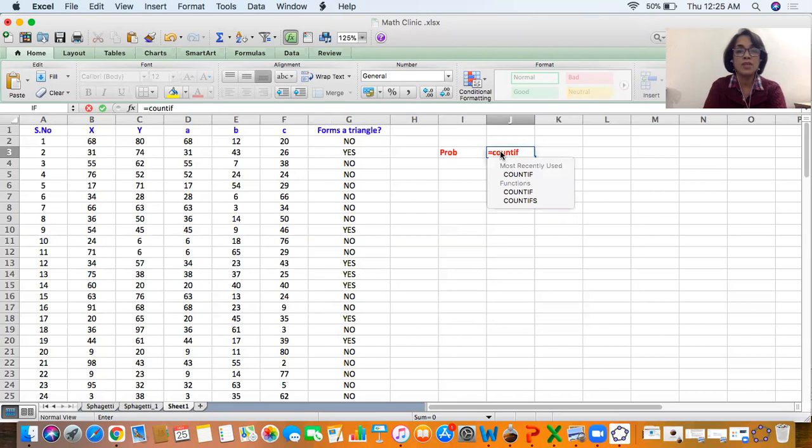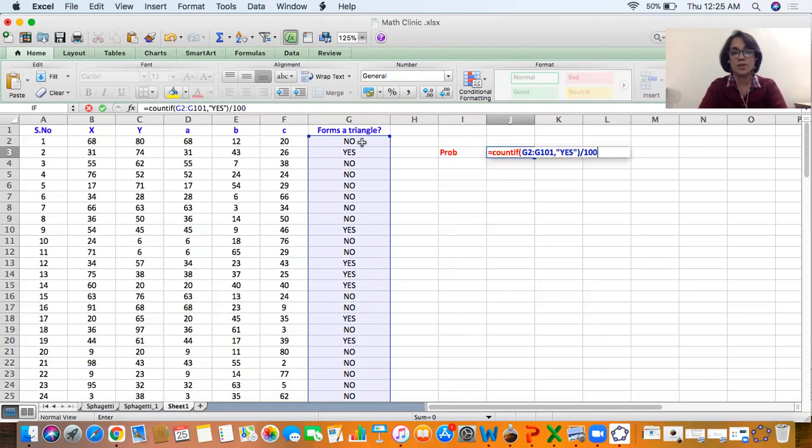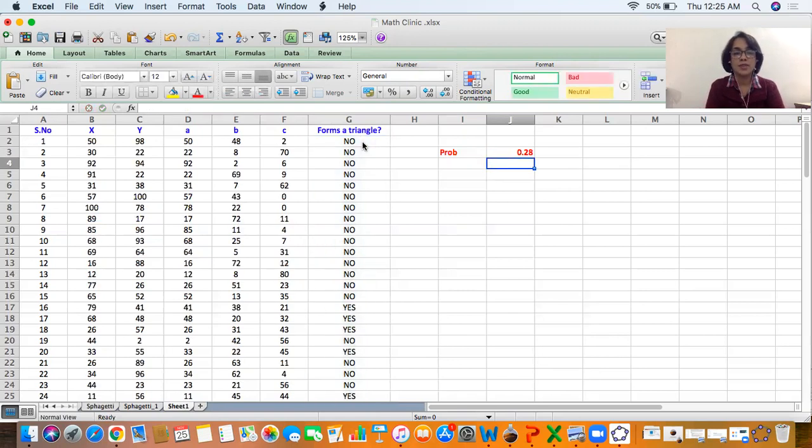I need to count how many yeses there are in this column G. So I'll say COUNTIF, let's say G2 to G101, looking for the yeses, and divide it by 100. See if this works. And you see that the probability is 0.28 for this set of 100 simulations.